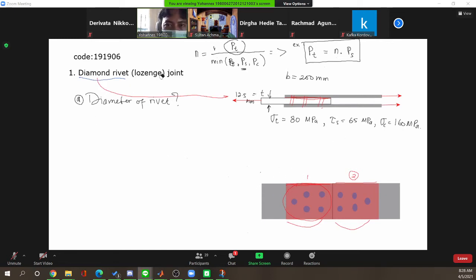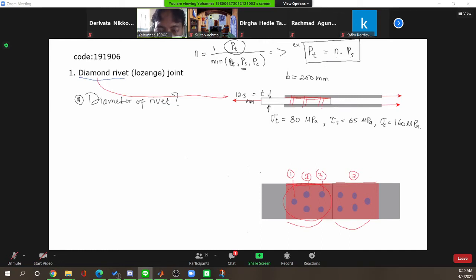Let's analyze the strength for each row. This is the first row, this is the second row, and this is the third row. So what is the strength for each row? By taking the lowest strength among the rows, we can determine the efficiency of the joint.